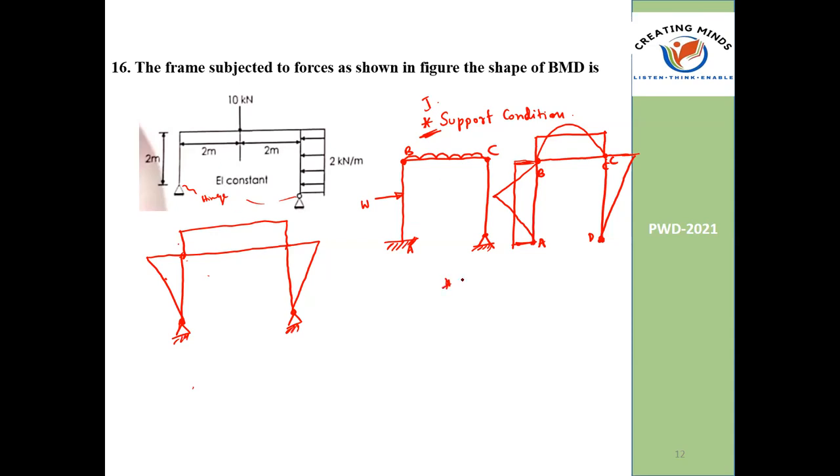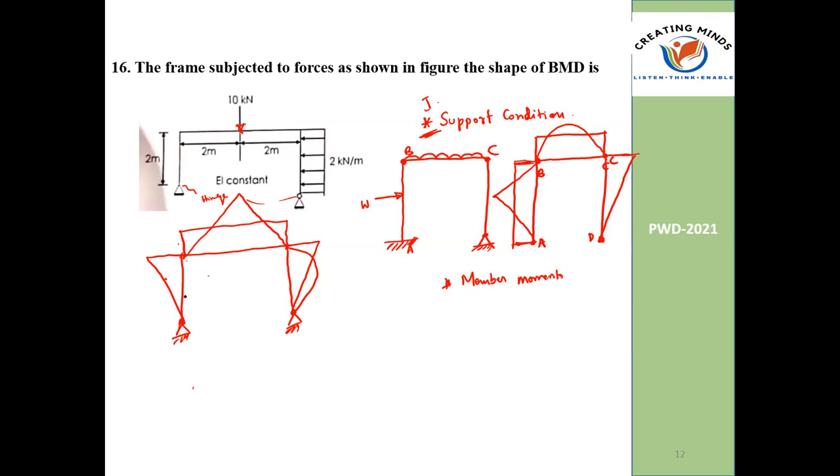The next important point is member load moments, the imposed load moments. Here, what is the load imposed? 10 kilonewton. Which kind of load is it? It's a point load, which means a triangle. Here you are expected a parabola, because it is UDL.